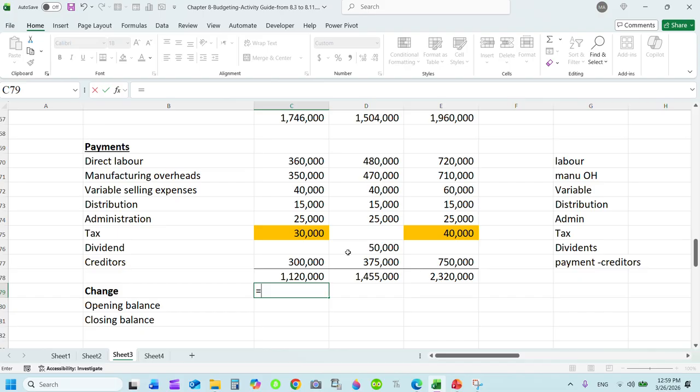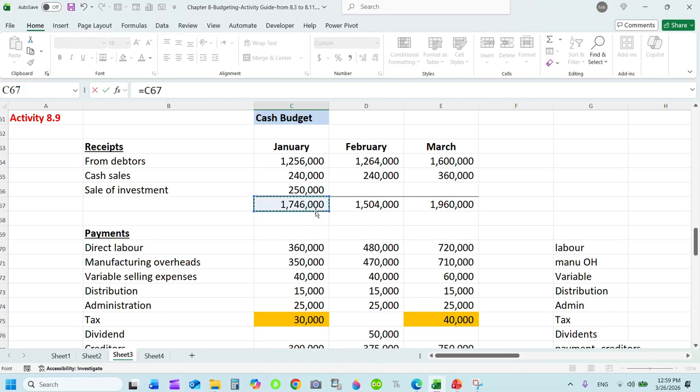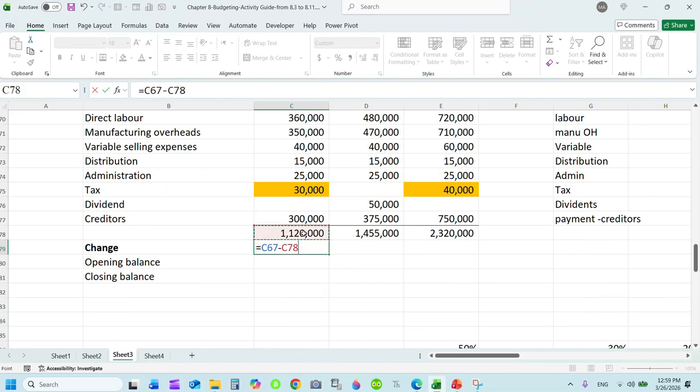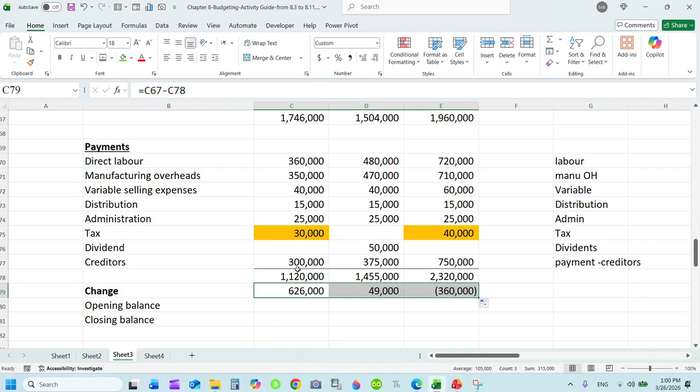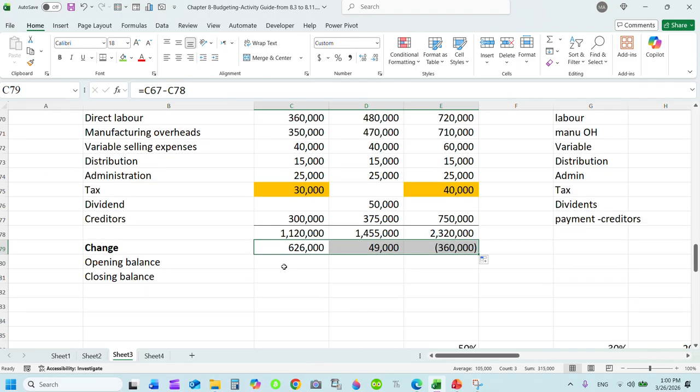Changes in cash is equal to this minus this. Then to this we can adjust the open cash balance.